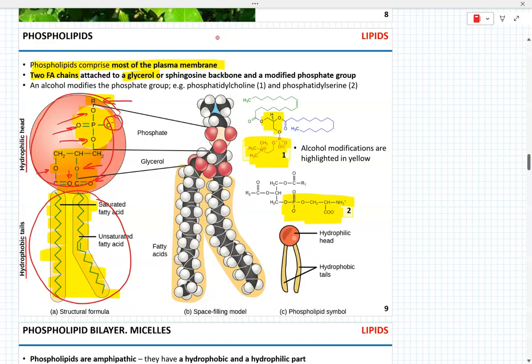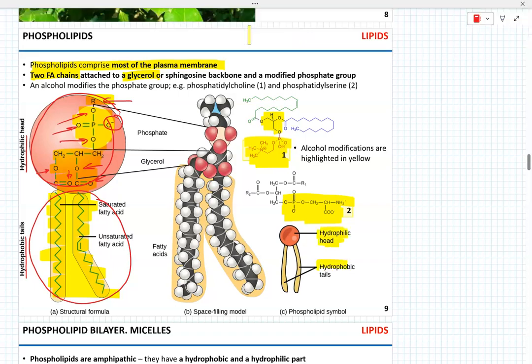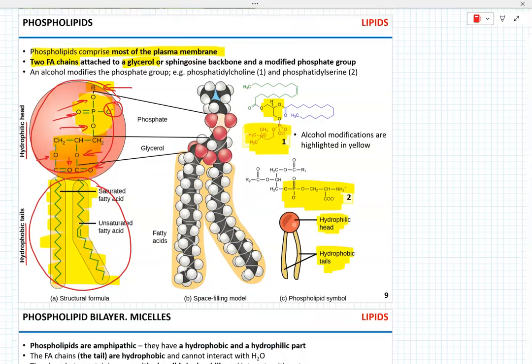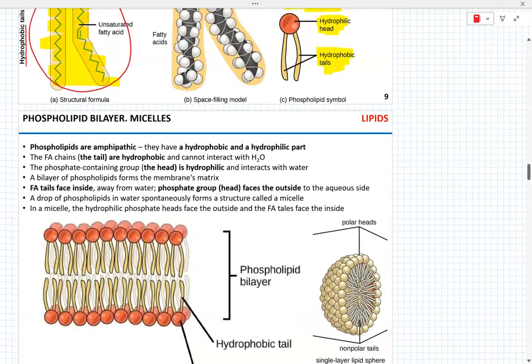This is why phospholipids are often pictured having a hydrophilic head and hydrophobic tails. That feature, having a hydrophobic part and a hydrophilic part, is called being amphipathic. So phospholipids are indeed amphipathic.